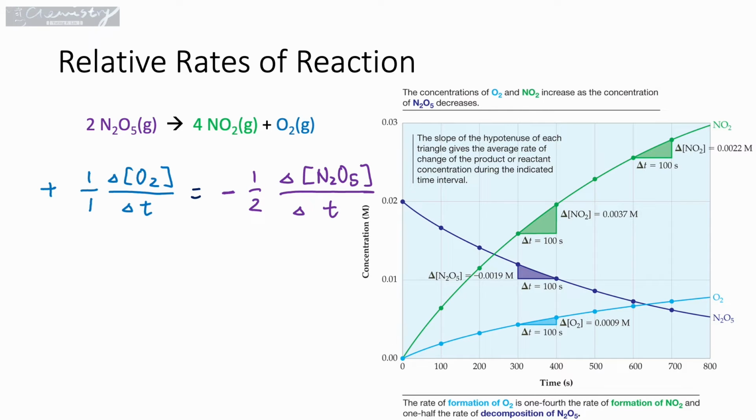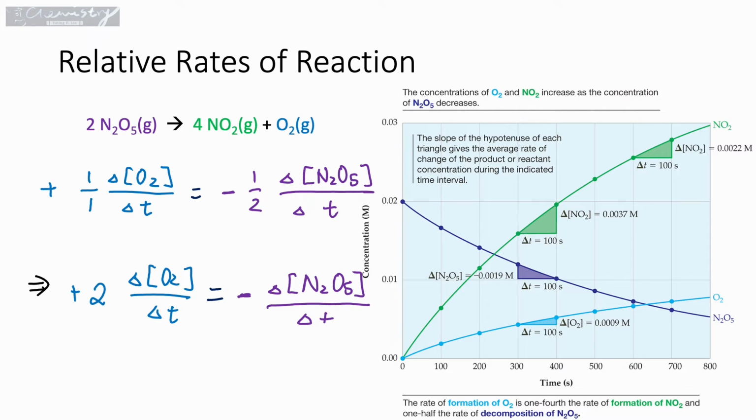We can rewrite it so that it is 2 delta O2 over delta T is equal to negative delta N2O5 concentration over delta T. So basically, we just multiply both sides by 2 to get what is at the bottom.